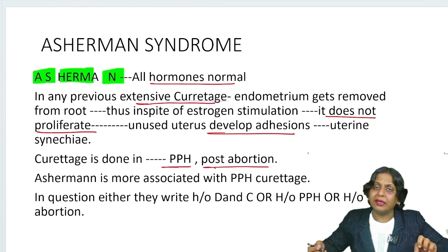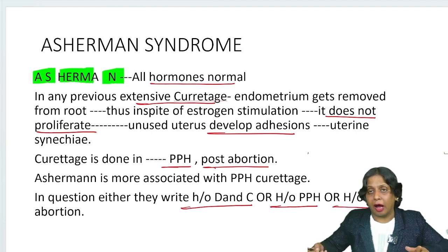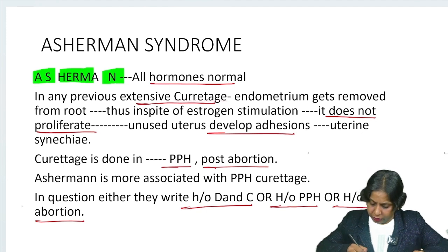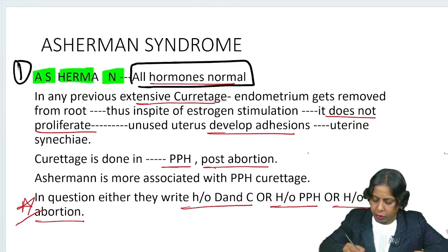So whenever they give you a question of Asherman, they will give you either the history of DNC directly, or they will give you a history of PPH, or they will give you a history of RPL or abortion. Okay, so these are the key points which they will give you. Number one key point is that all hormones are normal.